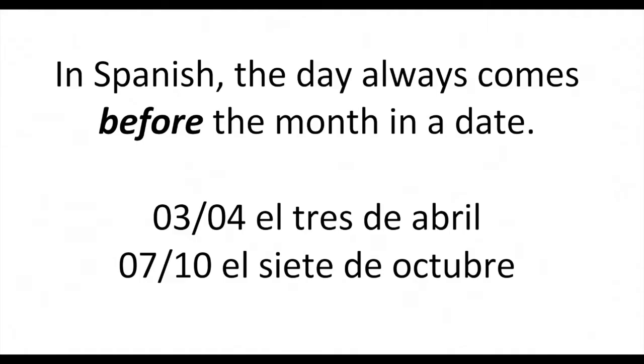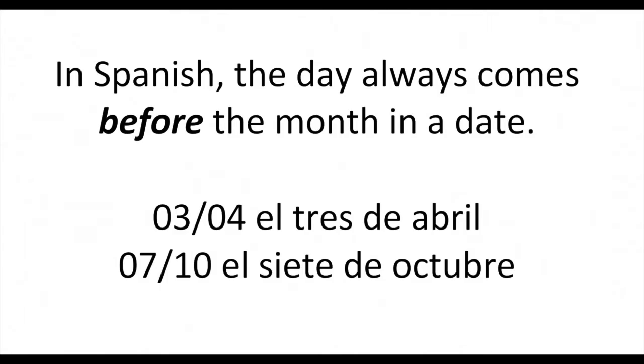So if you have, for example, 03/04, you might think that we are talking about March, but in reality, we are talking about April, because the first number is the day, the second number is the month. So if you see that date, you would have to say el 3 de abril, the 3rd of April.